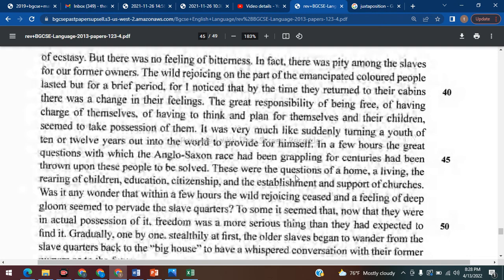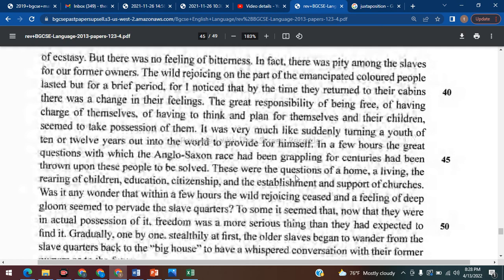Like the author deliberately placed these things right after the other. It's like an alliteration, a type of alliteration, right?